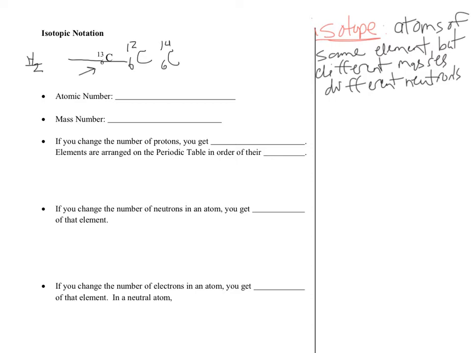And this is called the atomic number. Atomic number is the number of protons.